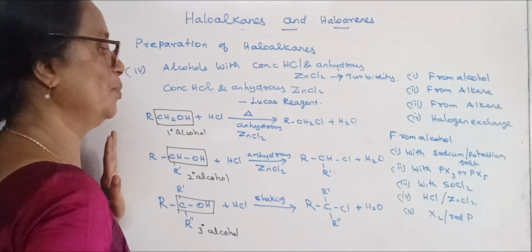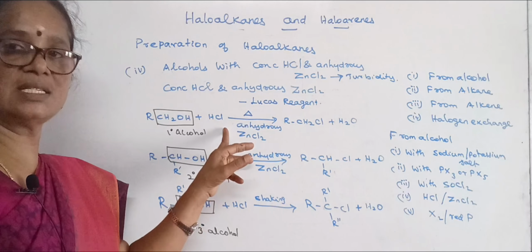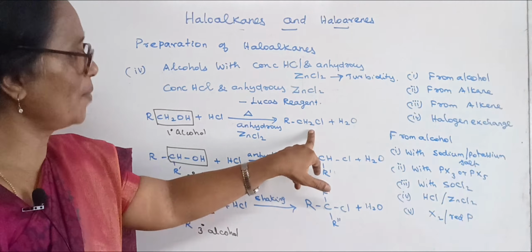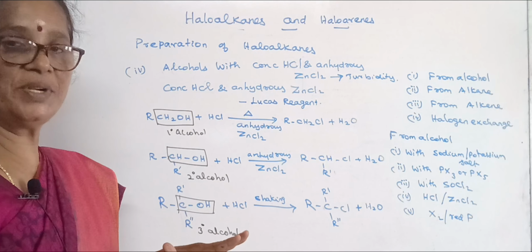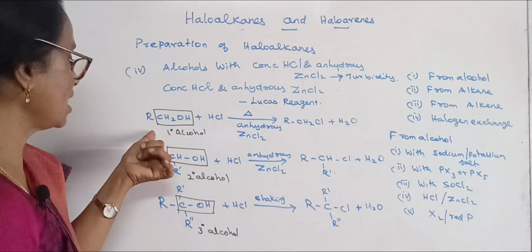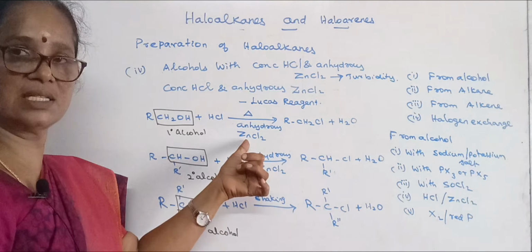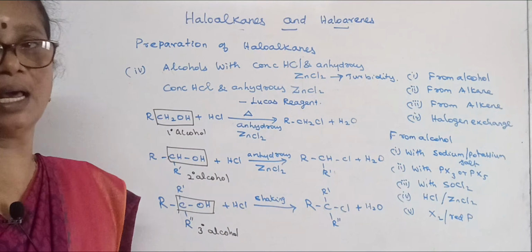So how is the turbidity formed? The primary alcohol with the Lucas reagent forms turbidity only upon heating. At room temperature the reaction won't take place. That's why the mixture of primary alcohol and Lucas reagent is heated, so we get primary alkyl halide.